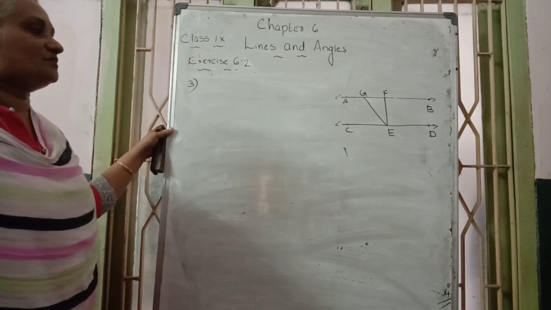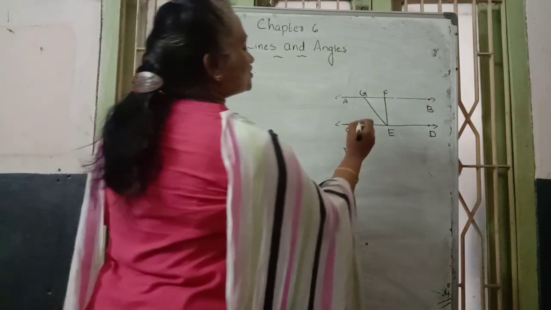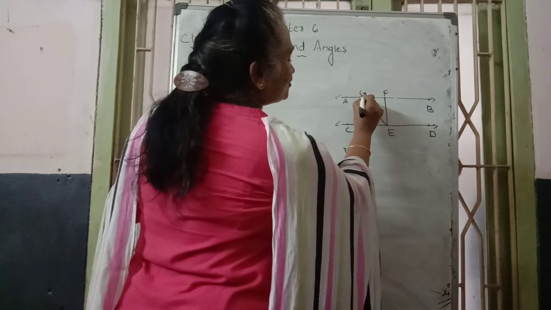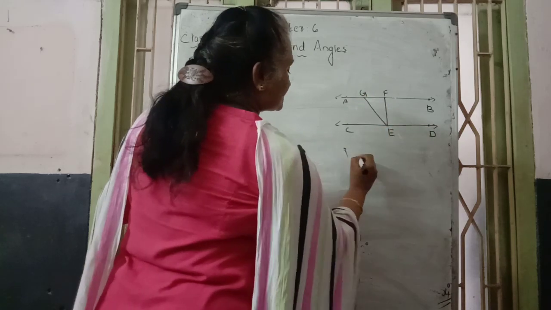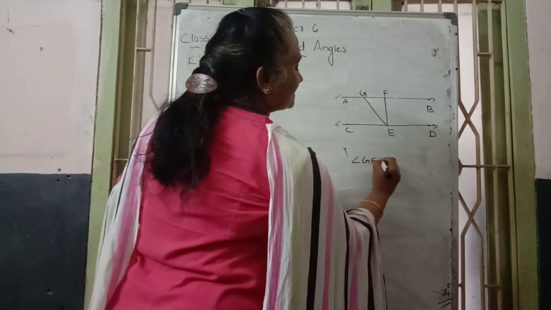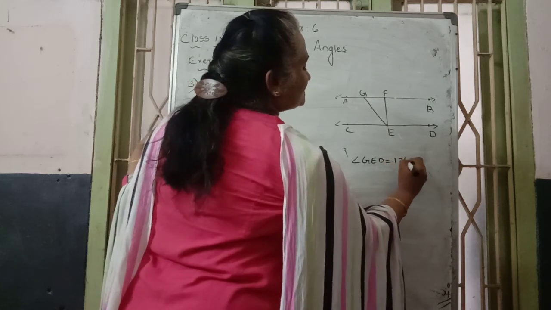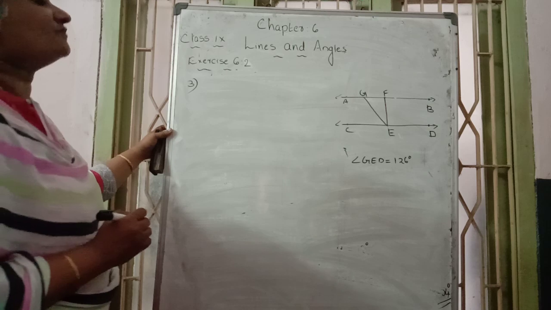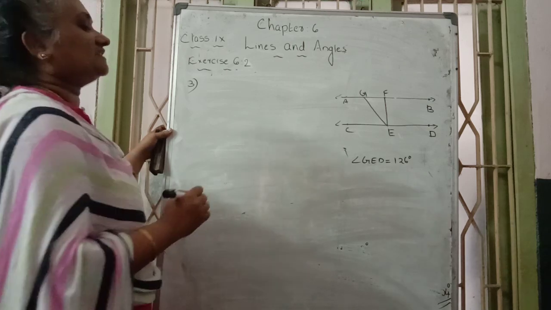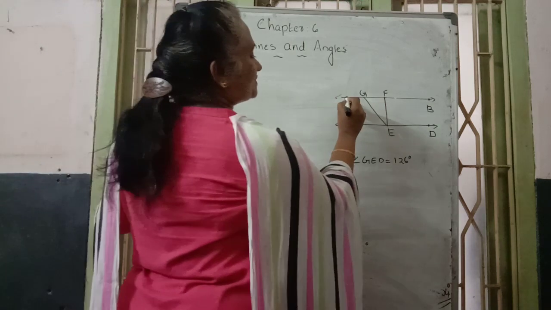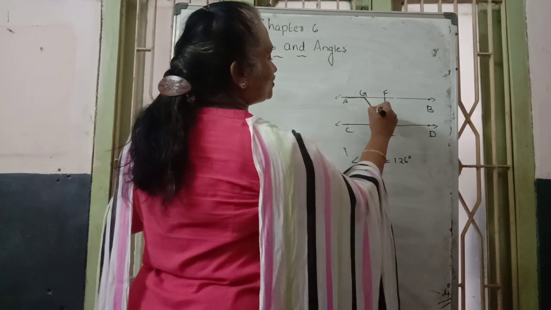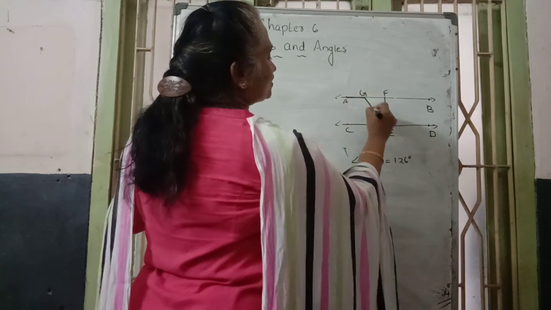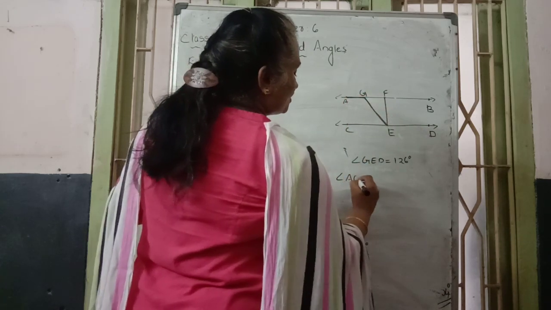What they ask: they gave angles. Which angle they gave means GED angle is given, 126 degrees. Then what they ask us to find: we want to find angle AGE.